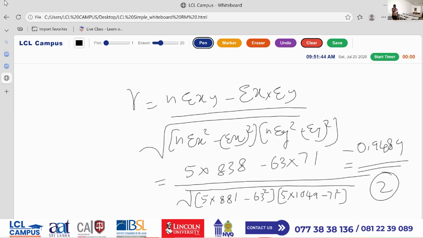1.11. They ask to match them. A, B, C, D. A, simple interest. B, equally likely events. C, net present value. D, complementary event. We have discussed these.